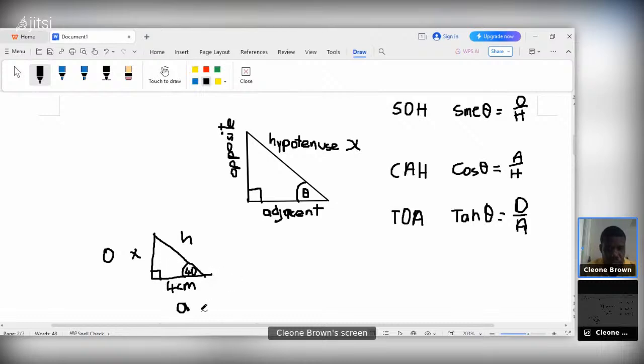So this is the adjacent side. Which one of the trig ratios would we be using? What do you guys think?